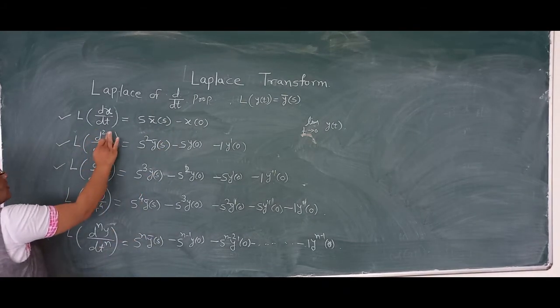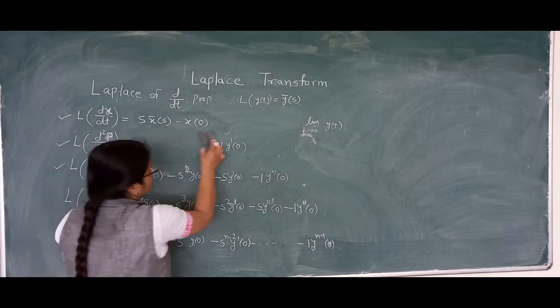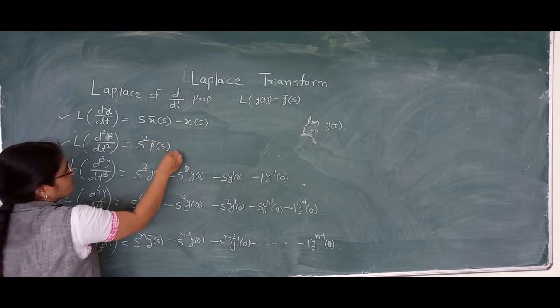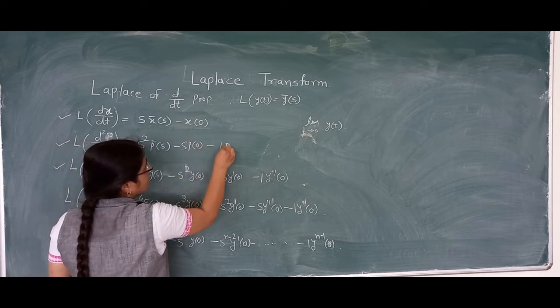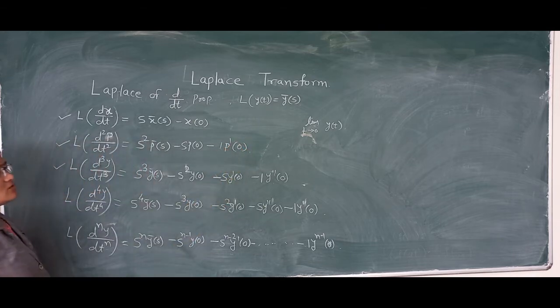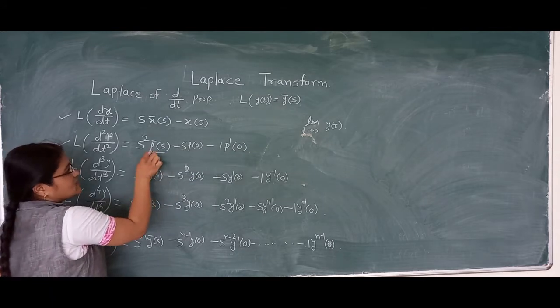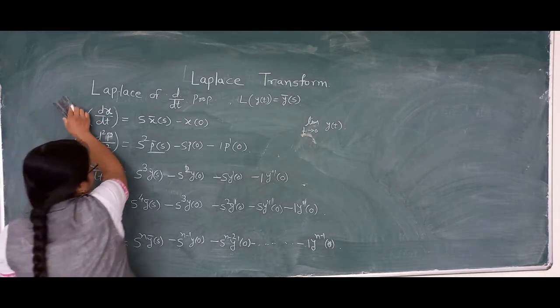So if the dependent variable is p, then obviously it should be s square into p bar of s minus s into p of 0 minus 1 into p dash of 0. So accordingly your value should be changed. It implies that it is a Laplace of p. Okay? So keep in mind, always concentrate on the dependent variable. Now we move towards the example.